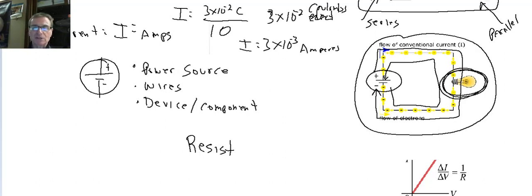However, our devices are not perfect in the sense of resistance, and they're going to resist this flow of electrons around the circuit. Okay, and so what does resistance do? It simply resists, or slows down, the flow of electrons, therefore it slows down the flow of current.